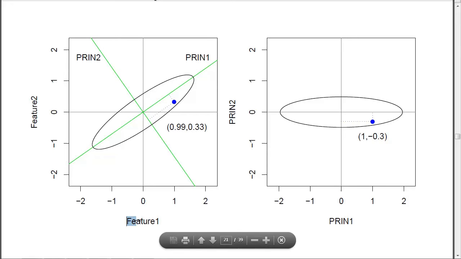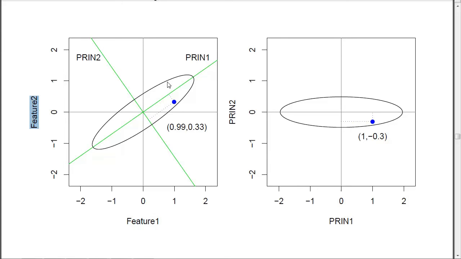We've got two variables here, feature 1 and feature 2 on our axes, and imagine we have a set of data whose pattern is represented by this ellipse. This blue dot represents one observation in that data set. Its coordinate in the original features is 0.99, roughly 1 along feature 1, and about a third in feature 2. That's its coordinates.